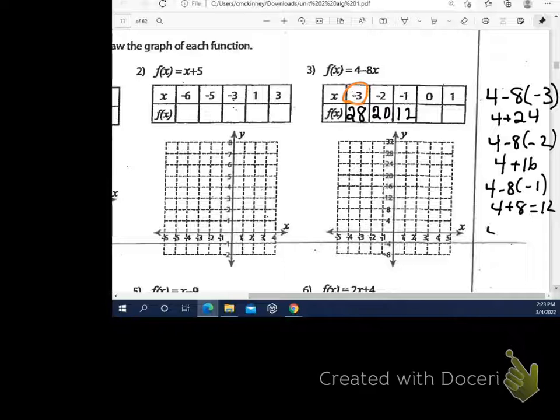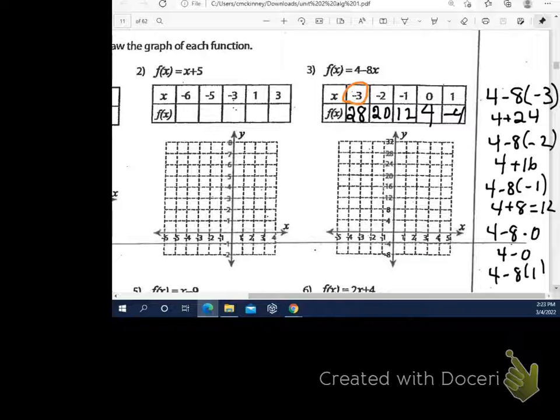Then I'm doing 4 minus 8 times 0. Remember, the multiplication happens first. So this is just 4 minus 0, which is just 4. And then 4 subtract 8 times 1 would be 4 minus 8. So this is negative 4.